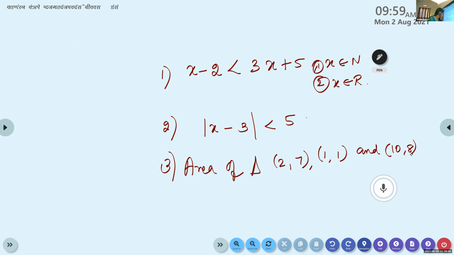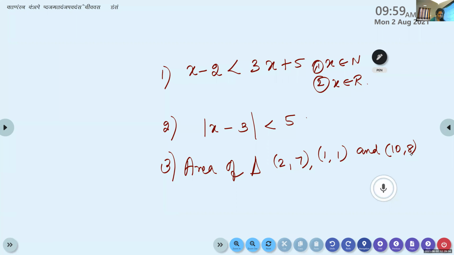What is the area, Aishwarya? Third one. Ma'am, one second, I didn't complete it. Ma'am, you said 47 by 2. 47 by 2.